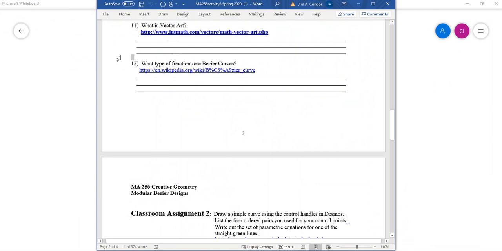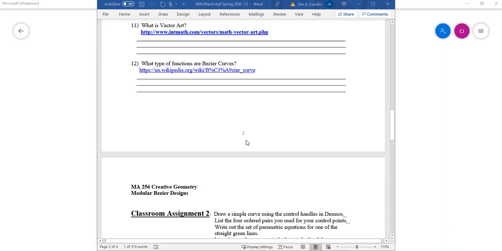All right. So vector. All right. Now, so what type of functions are Bezier curves? And we've talked about the XY coordinate axis, Cartesian coordinate plane. We talked about polar equations. And then last week we talked about parametric curves.